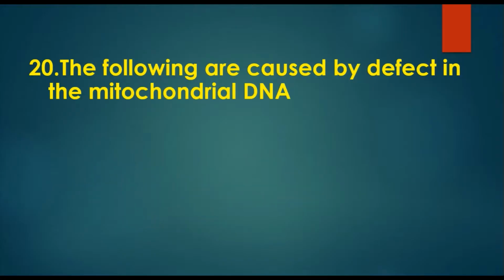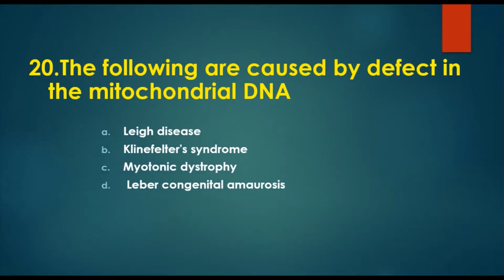20th: the following are caused by a defect in the mitochondrial DNA. Options are A, Leigh disease; B, Klinefelter syndrome; C, myotonic dystrophy; and D, Leber congenital amaurosis. So here they are asking which disease is caused by a mitochondrial DNA defect.